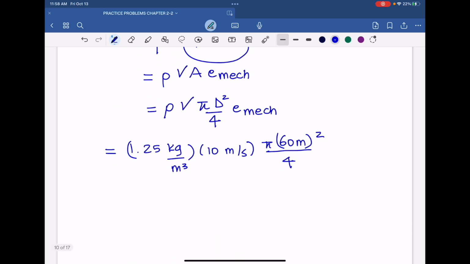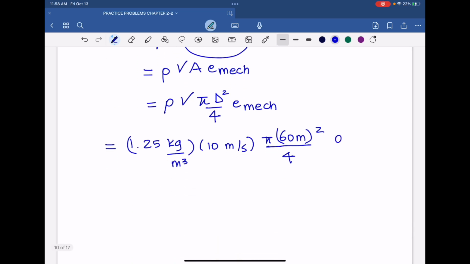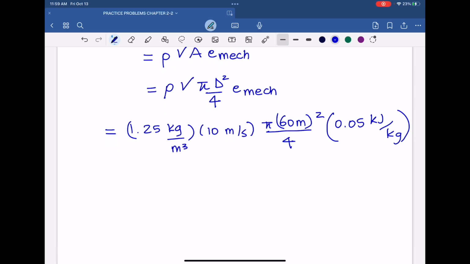We just need to include that. If we look at the units carefully here, you're going to see this meter cubed cancels out, and the kilograms also go. We end up with kilojoule per second, which is the power unit that we are looking for.